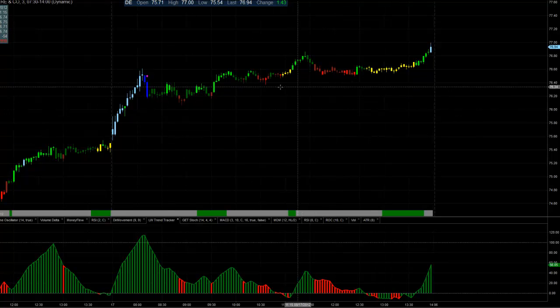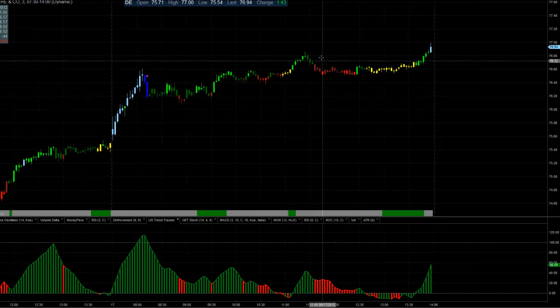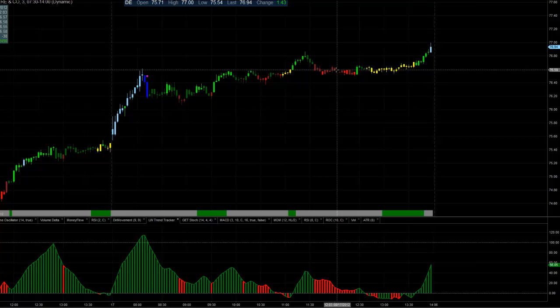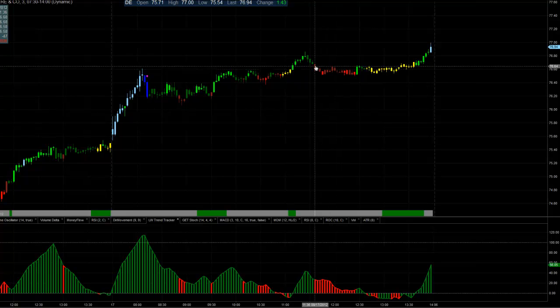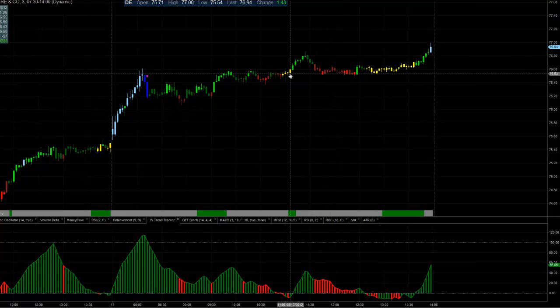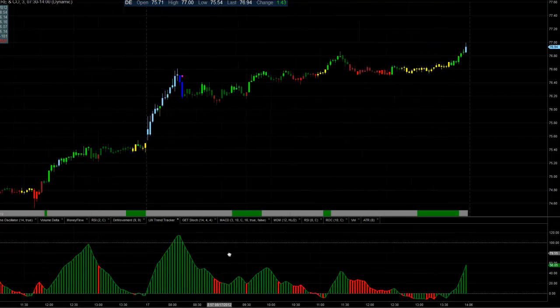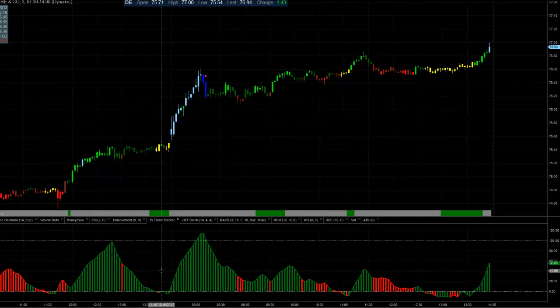Now, trend strength: how I measure it is I look at the highs and lows of a candle, and I compare them to the average true range of the prior highs and lows. It plots this histogram, and when trend strength is rising, whether in an uptrend or downtrend, the histogram is rising.